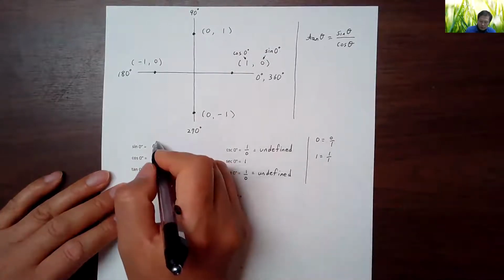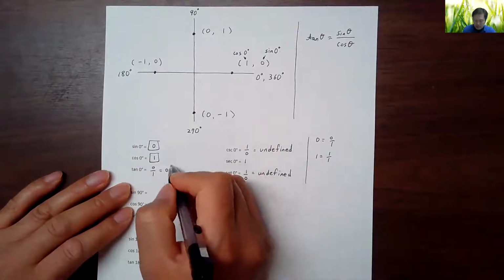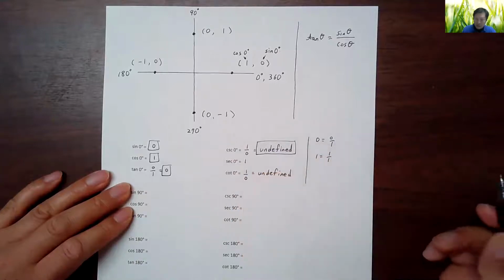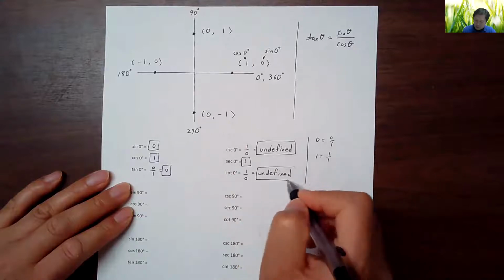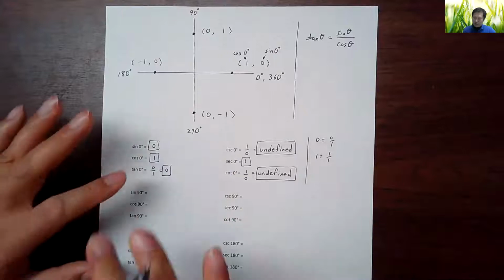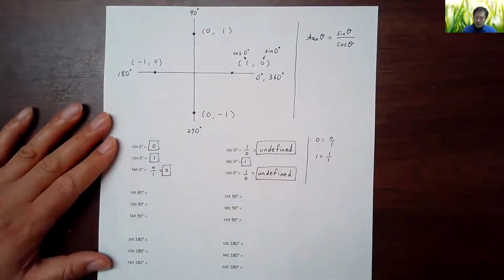So we got sine 0, cosine 0, tangent 0, cosecant 0, secant 0, cotangent 0. We got all those trigonometric values related to 0 degrees.